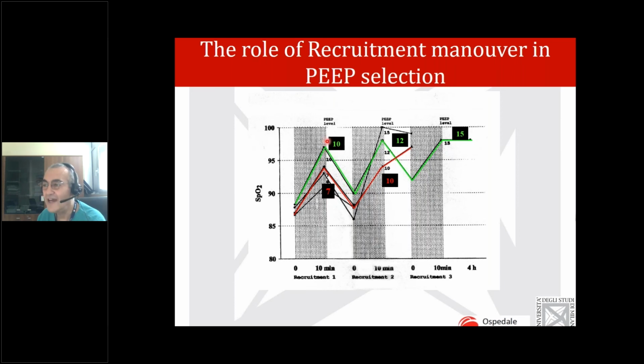With 10 it does not stabilize. With 12 it does not stabilize. With 15, finally, we achieved the stabilization of the oxygenation.